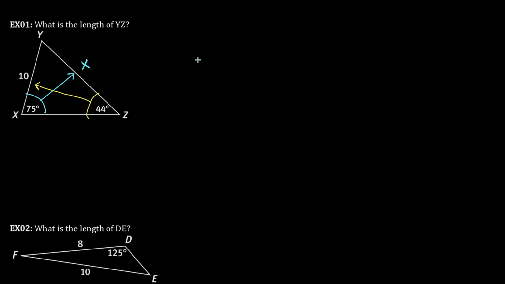Okay, so sine of 75 degrees over X equals sine of 44 degrees over 10.